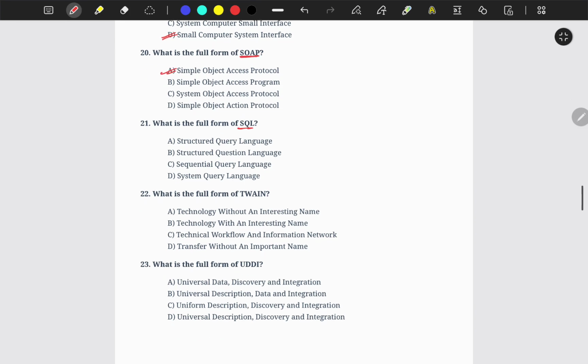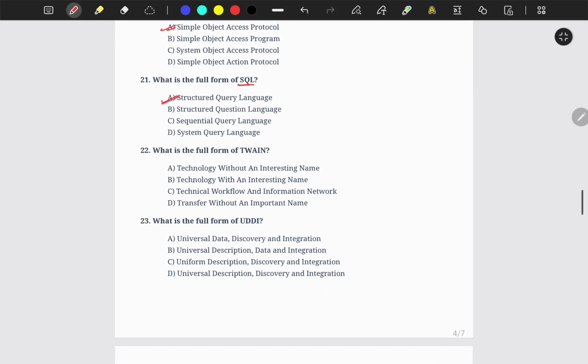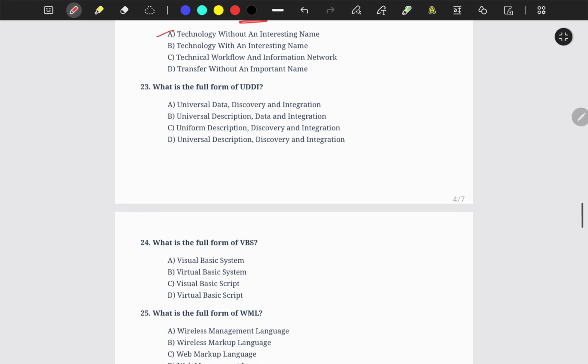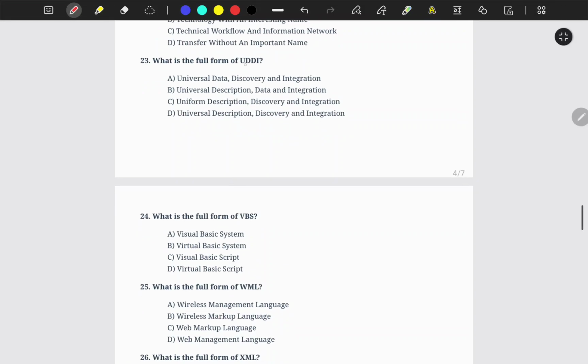What is the full form of SQL? The correct option is Structured Query Language. Question number 22. What is the full form of TWAIN? The correct answer is option number A, Technology Without an Interesting Name. So what is the full form of UDDI?